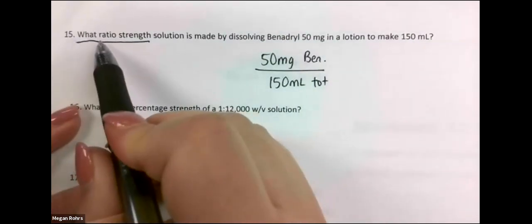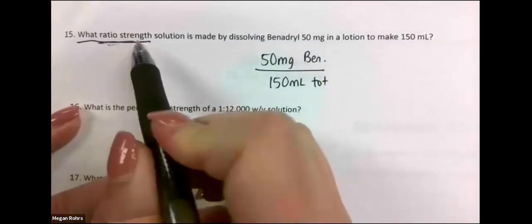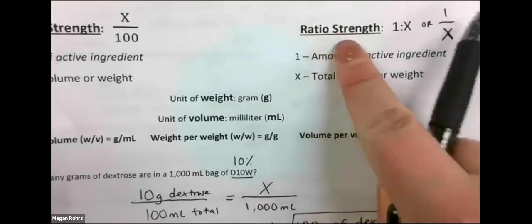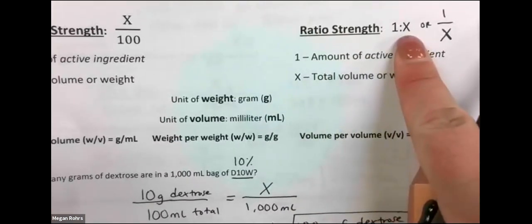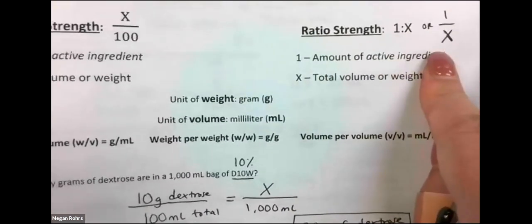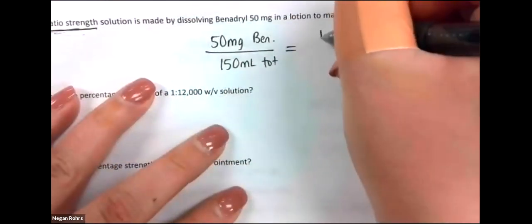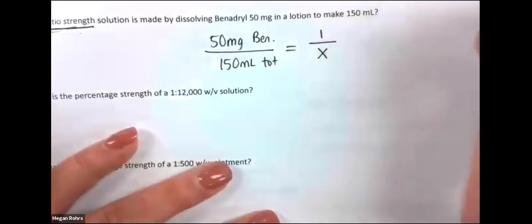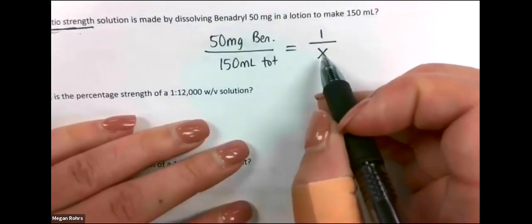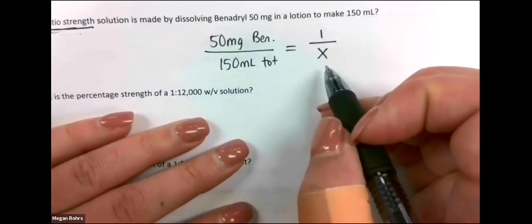Now, we're looking for ratio strengths. Remember, back to the front here, ratio strength is always 1 to X or 1 over X. So I can set what I know equal to 1 over X, and that's going to give me the second part of my ratio when I solve here.